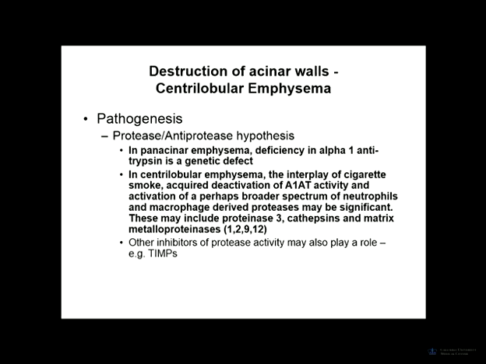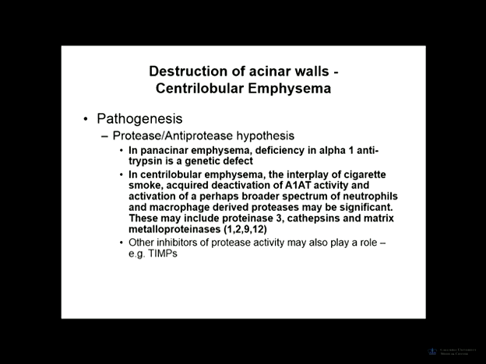Centrilobular emphysema is a little bit more complicated. In pan-acinar emphysema, the deficiency in alpha-1 antitrypsin is a genetic defect. It's an inherited disease. But in centrilobular emphysema, it's a more complex interplay of the injury from cigarette smoking, acquired deactivation of alpha-1 antitrypsin activity, maybe more than just neutrophil elastases. Maybe there are proteases coming from other cell types, and they're not only elastases.